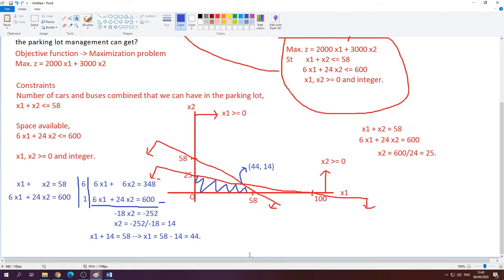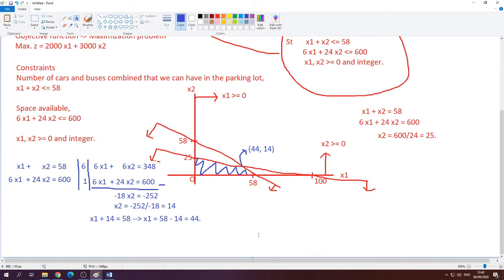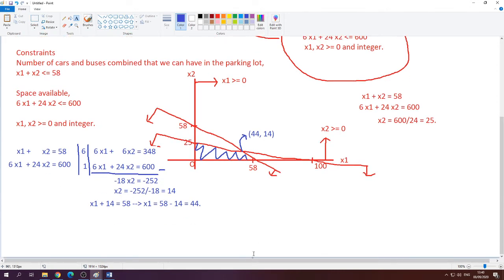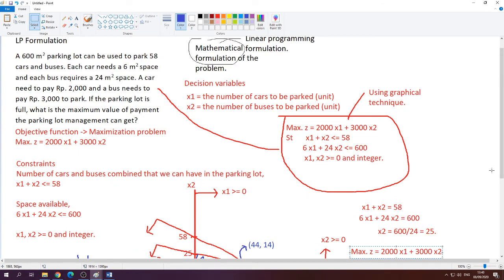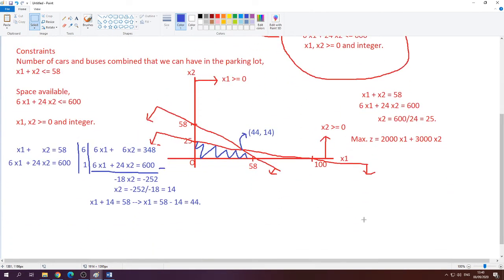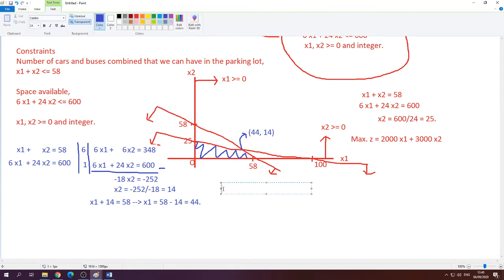I think I need more space. This is the objective function. I think I'm going to need the objective function, so I'm just going to put it here so I will always see it. We test the first point, the origin 0, 0.